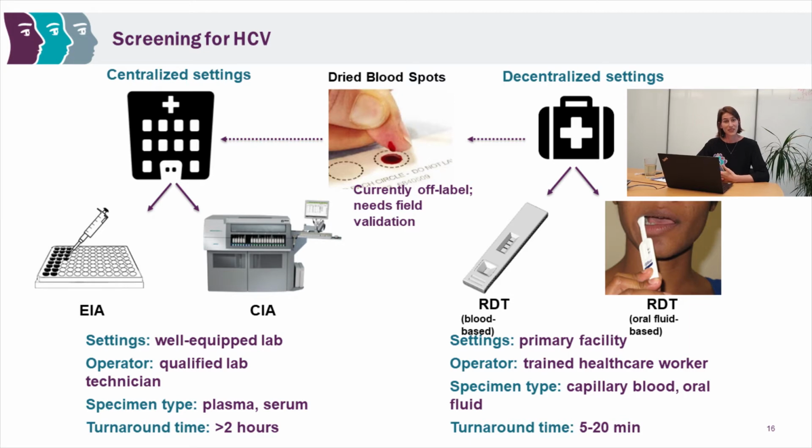Now, there's an interesting thing that can be done where you can collect the samples in the decentralized setting using dried blood spot. So this is usually capillary blood from a finger, which is put on a special piece of paper, collected at the decentralized settings, and then sent to the centralized settings to be tested using the EIA or CIA.